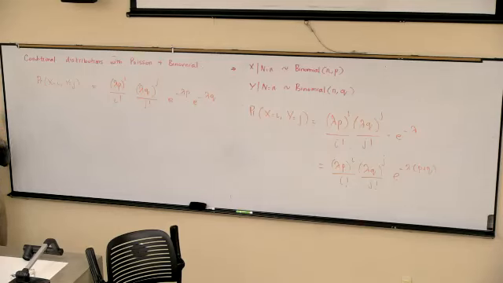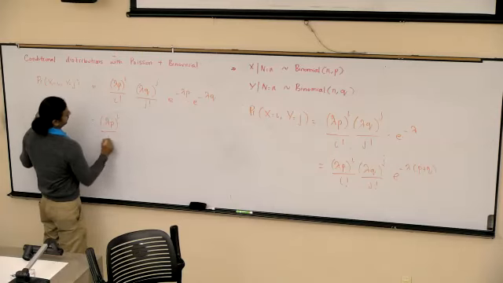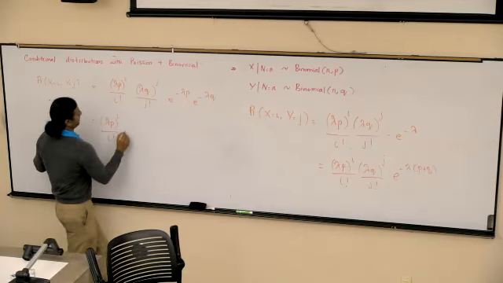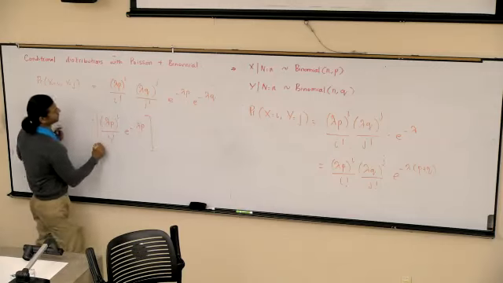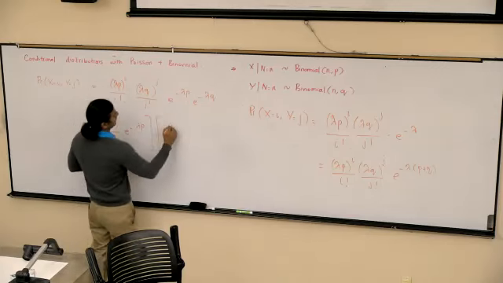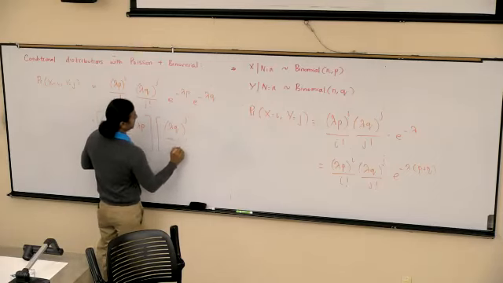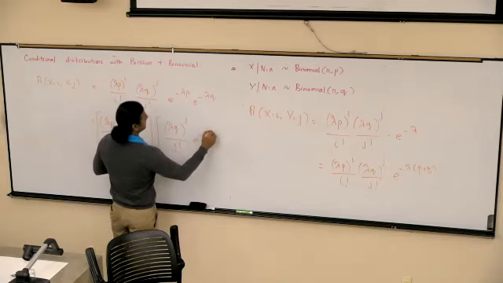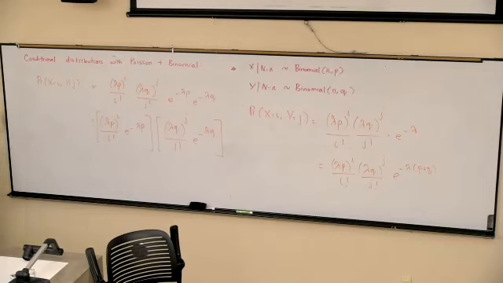Going to shuffle things around: lambda p raised i over i factorial, e raised minus lambda p, times lambda q raised j divided by j factorial, e raised minus lambda q. Yes?